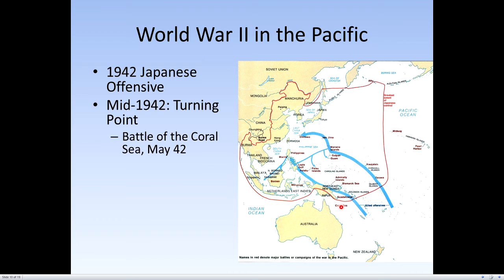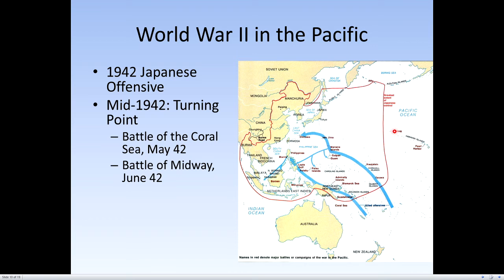In the first naval battle in history where the navies did not see each other, it was just airplanes fighting each other and fighting the boats from aircraft carriers, the Japanese are defeated, long story short. And with that, the Japanese Navy has to turn back. So they're not going to be able to take over the rest of Papua New Guinea, and they're not going to be able to go to Australia either.